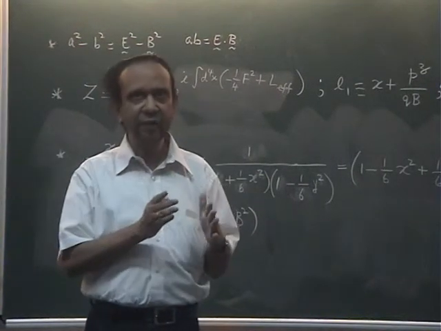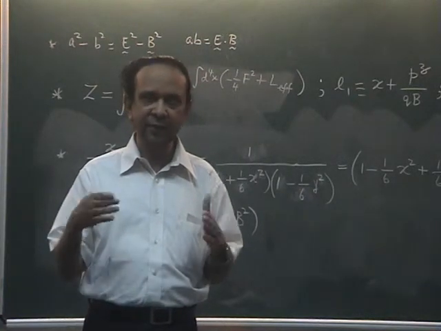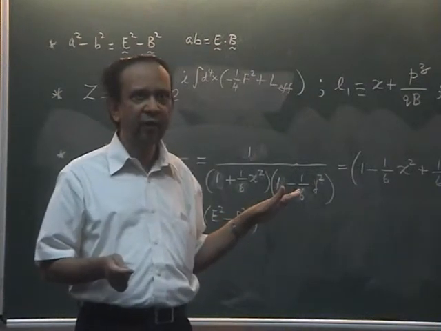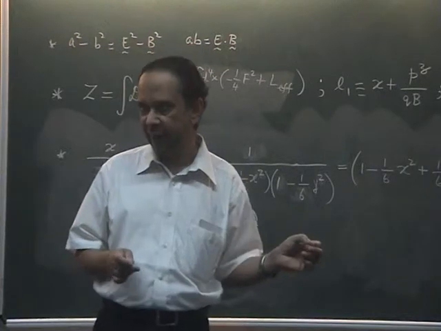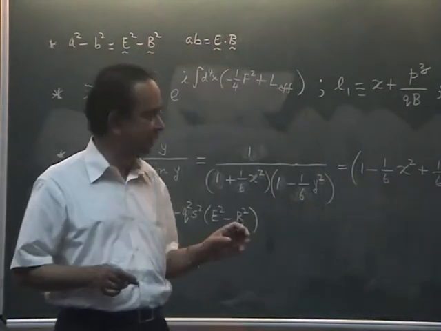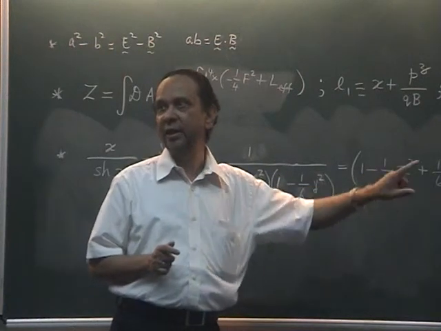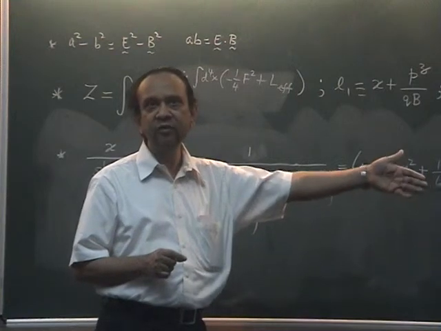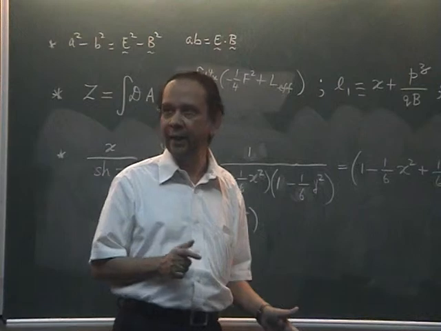When you do QED, you will find that there are different kinds of divergences and different kinds of renormalizations are needed. This particular non-perturbative example gives you a glimpse of only one kind of divergence. In that divergence, you get a term proportional to e square minus b square. If you had got another term which was linear, or a square root of e square minus b square, you could not have handled this.